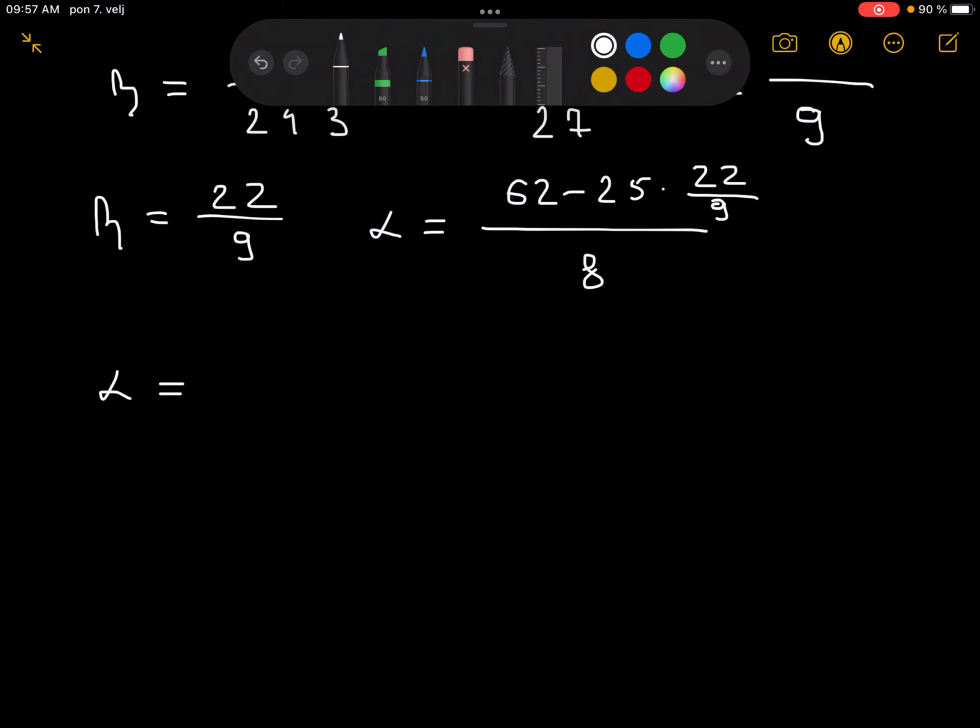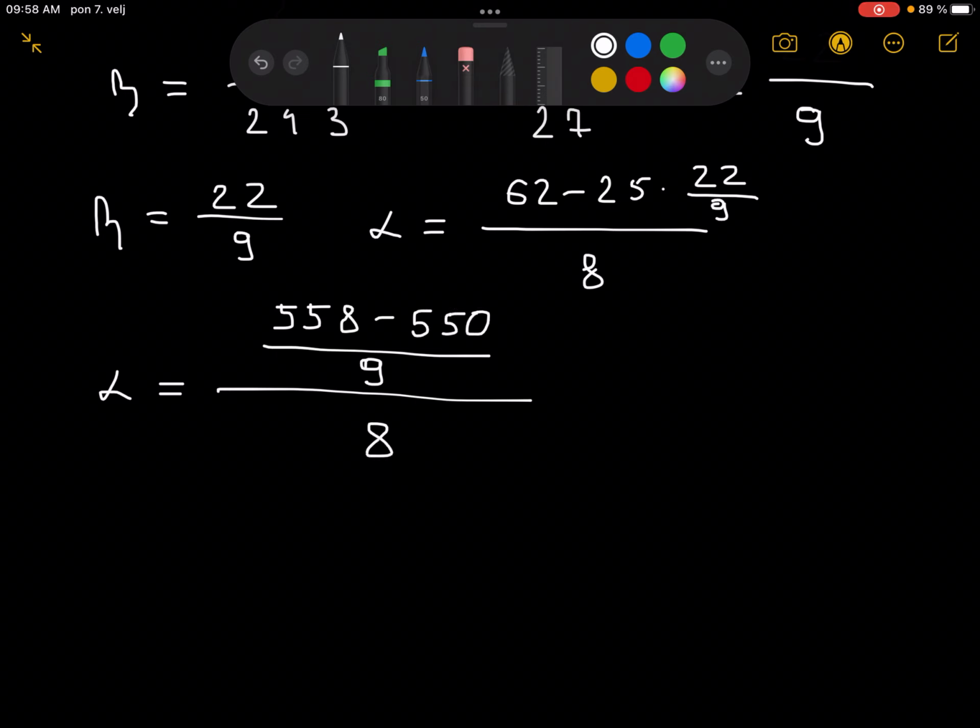So alpha is equal to 9 times 62, so that's like everything over 9, 558 minus 25 times 22 minus 550, and everything over 8, so 62 times 9, 558 minus 25 times 22.